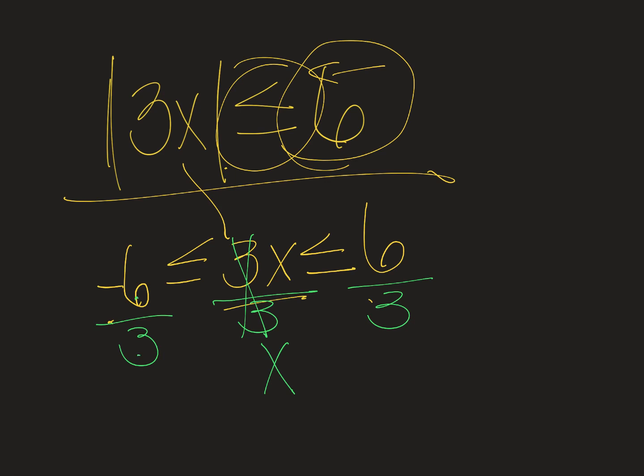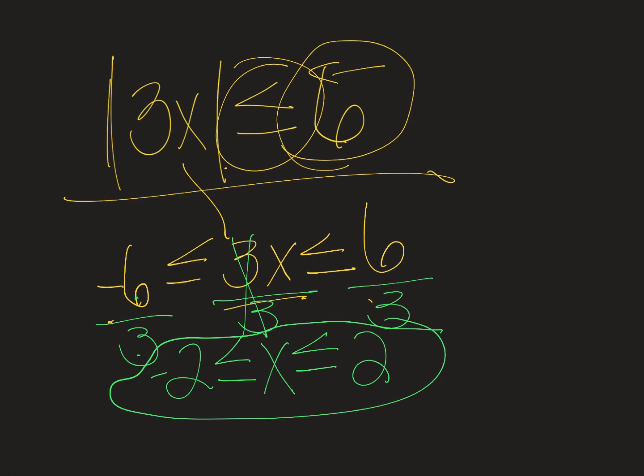Negative 6 divided by positive 3 is negative 2, less than x, less than positive 2. So that is your answer. Negative 2 is less than x, and x is less than positive 2. Remember, that's less than.